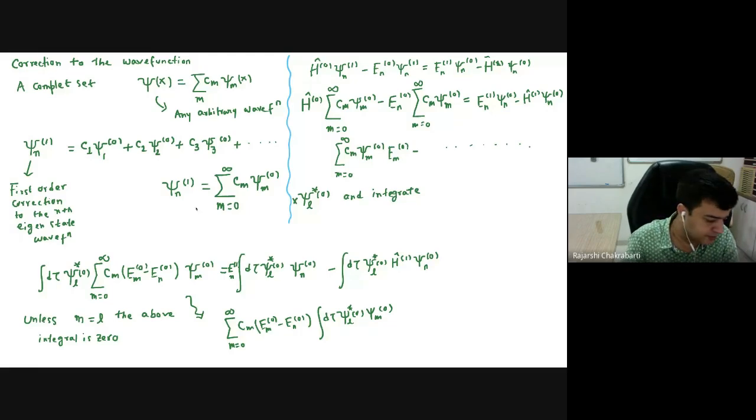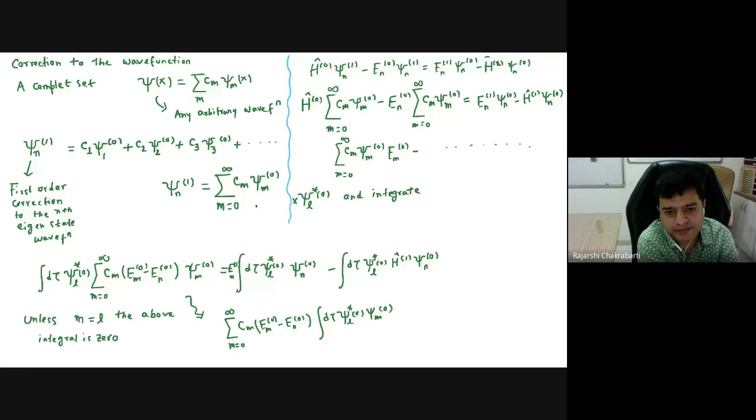Is this clear? You can take this, multiply it with say psi l0 star, then you will have psi l0 star inside, and you'll have many such terms. Only when l equals m, that will survive, isn't it?